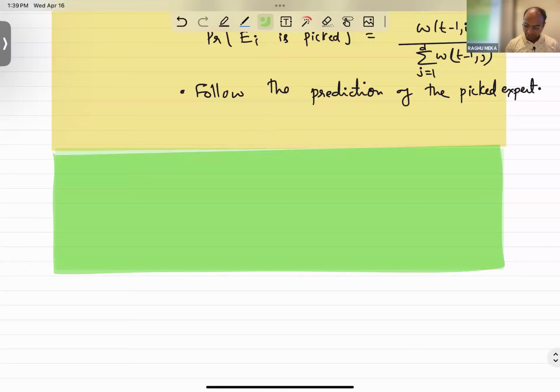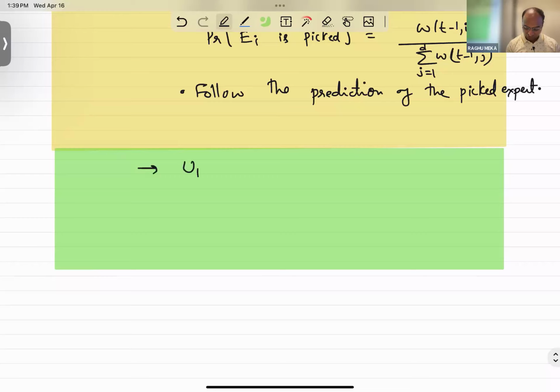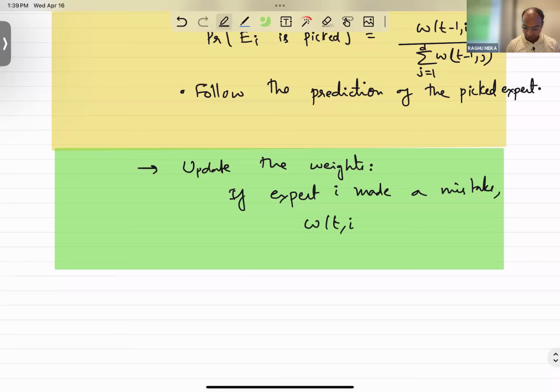Okay, so this is the prediction part of the algorithm. And as I said, the updating part is exactly the same with a small change. So we update the weights by saying if expert i made a mistake, then the weight is multiplied by some factor eta, which is once again called the learning rate for a good reason.